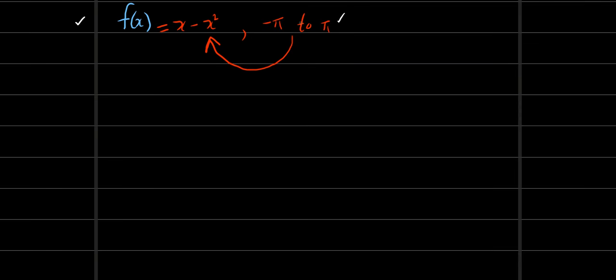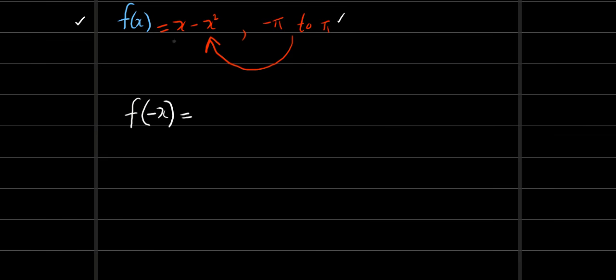Okay, in the second video, we learned that whenever we have an interval minus pi to pi or minus L to L or minus A to A, we might have some sort of advantage provided the given function is even or odd. But take a look at this function. This function is neither even nor odd.